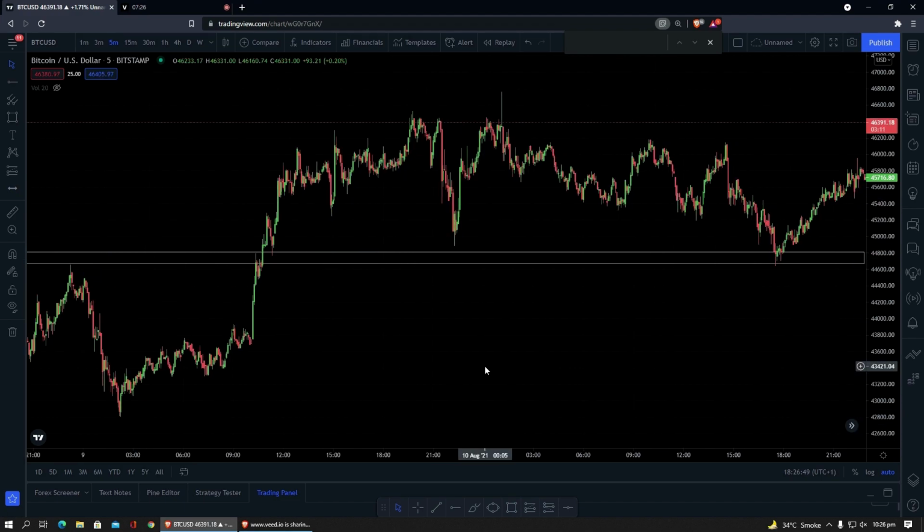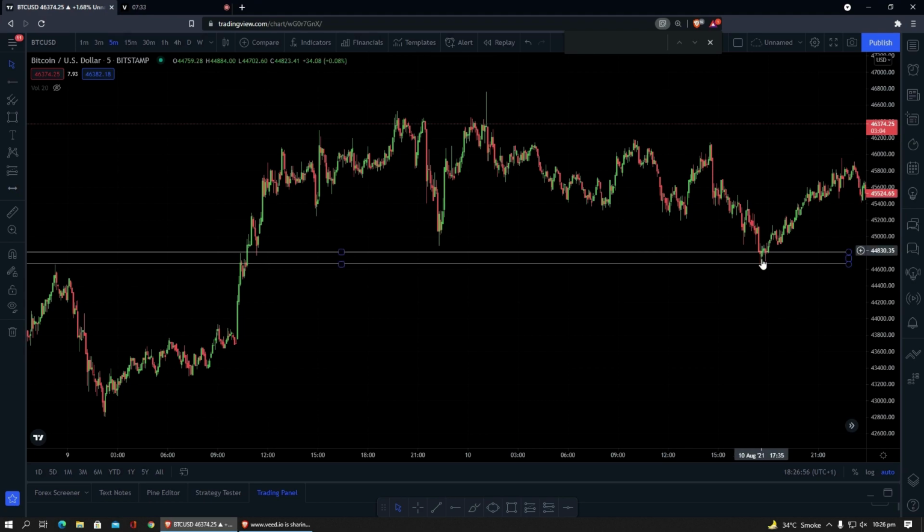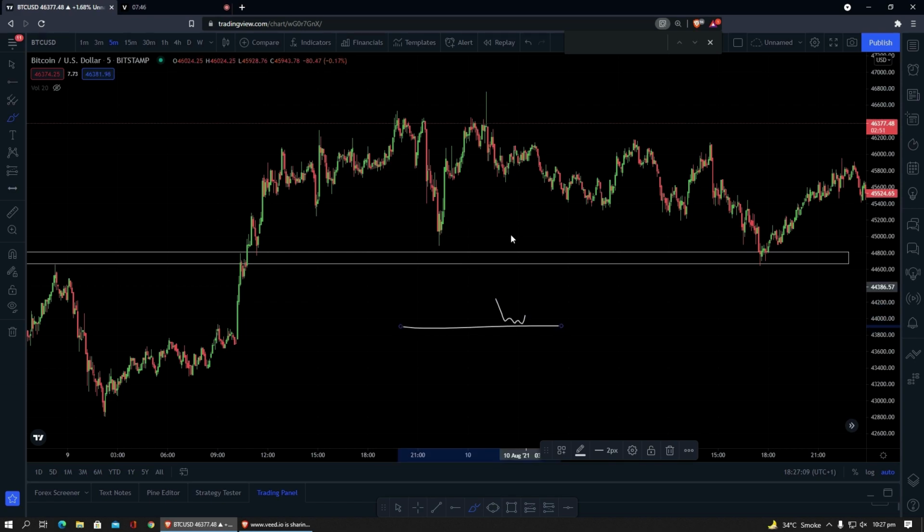Now, there is a very important thing that I want to mention. It does not matter that if we come towards this area, we should start buying blindly. We have to wait until a couple of rejections. We have to wait until the market starts to hold up at that level after all these swings and all this struggle from the sellers.